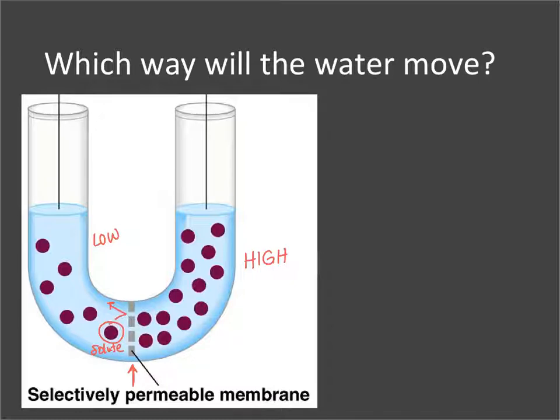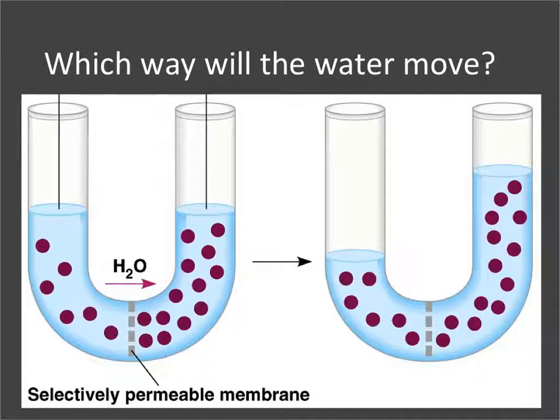So in order to even out these concentrations, instead of the solute moving, instead the water is going to move from the low concentration area into the higher concentration area over here. So the water is actually going to move from the left side of this U-shaped tube into the right side. And in doing so, the volumes are going to change, but the concentrations are going to equalize. So the volume changes, and in doing so, the concentrations reach equilibrium.